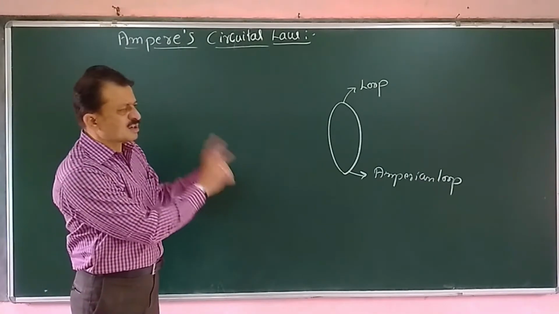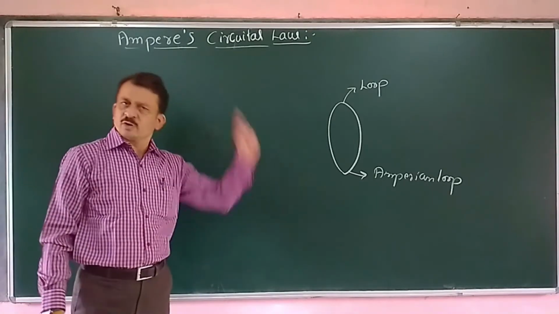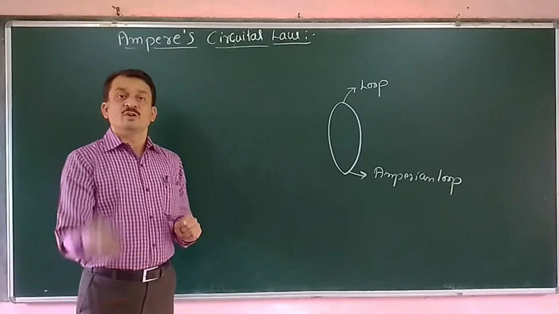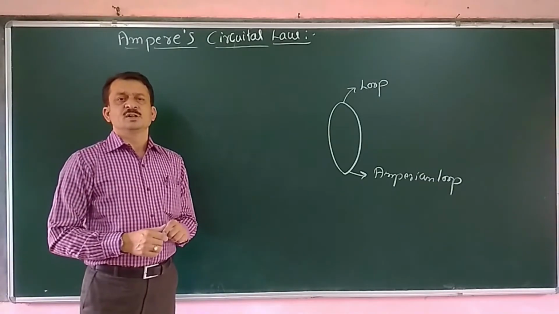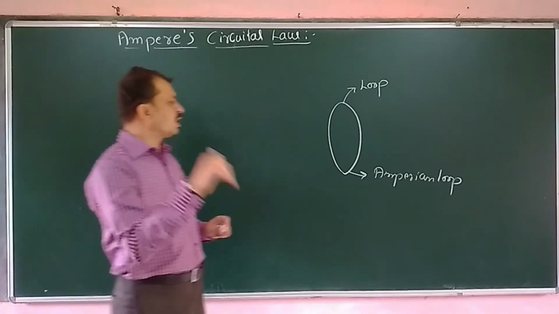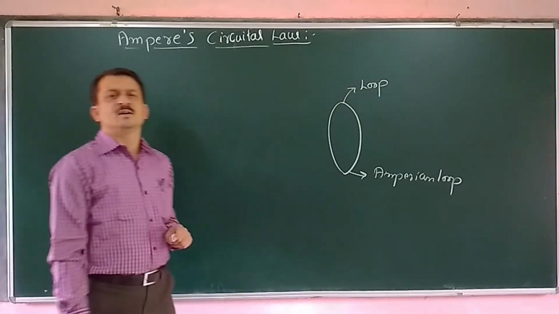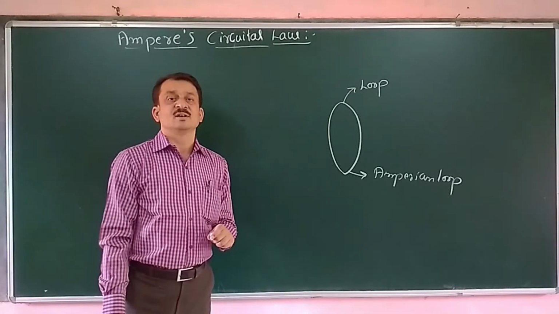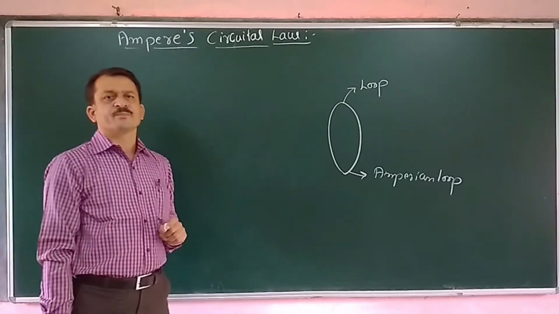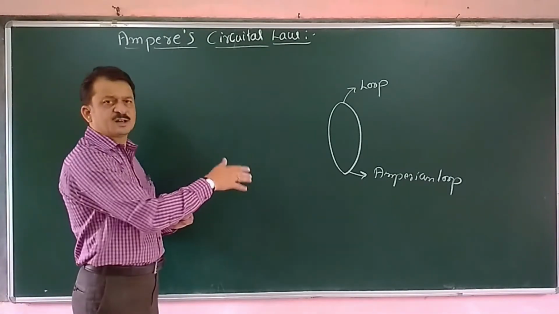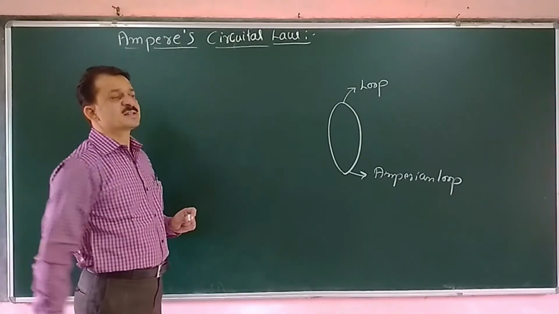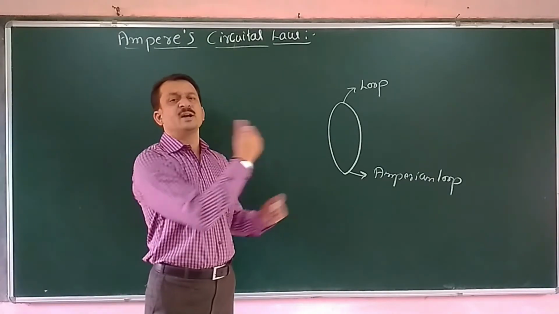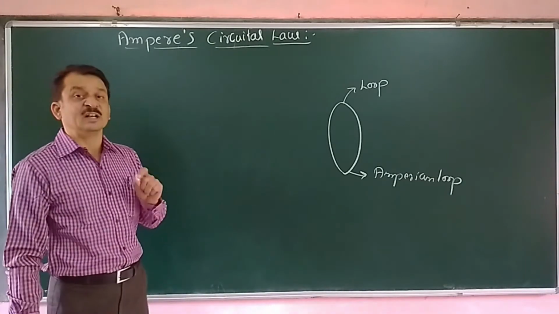Now this concept is similar to what you have studied in the first chapter, that is electrostatics. We have studied Coulomb's law. For a continuous charge distribution, we have a limitation of using Coulomb's law. Therefore, we got one more law, that is Gauss law in electrostatics. By using Gauss law, we considered a surface, which we called the Gaussian surface, and applied Gauss law and calculated the expression for the electric field.